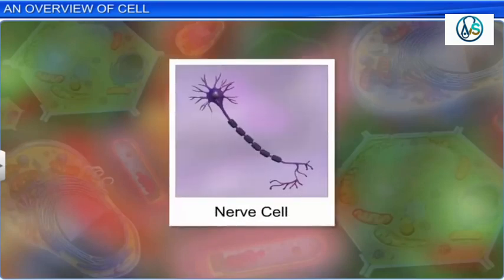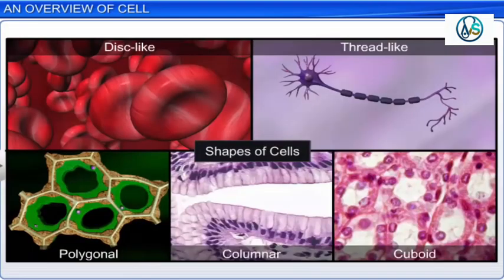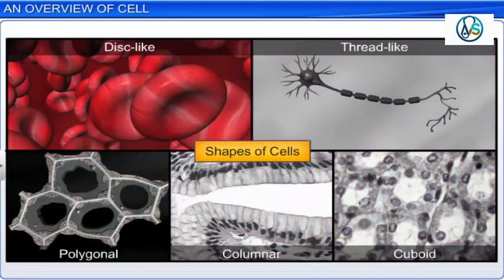Amazingly, the ostrich egg is the largest isolated single cell, and it measures 17 to 19 centimeters in length and 14 to 15 centimeters in width. Moreover, the shapes of cells range from disc-like to thread-like and from polygonal to columnar and cuboid.